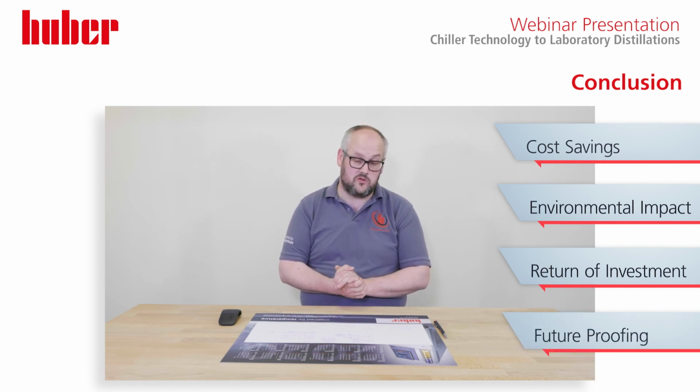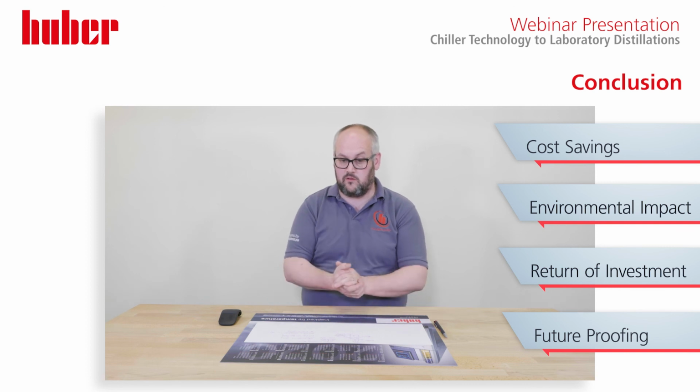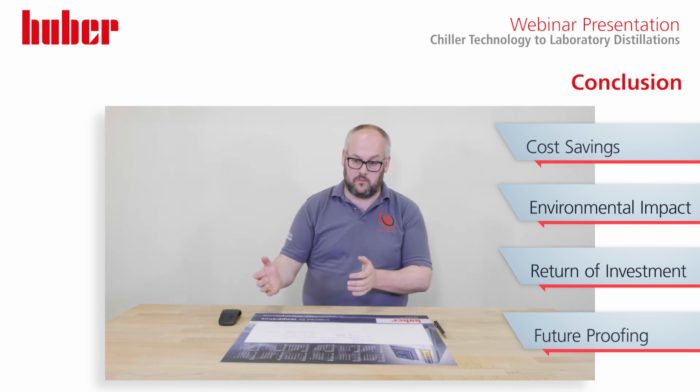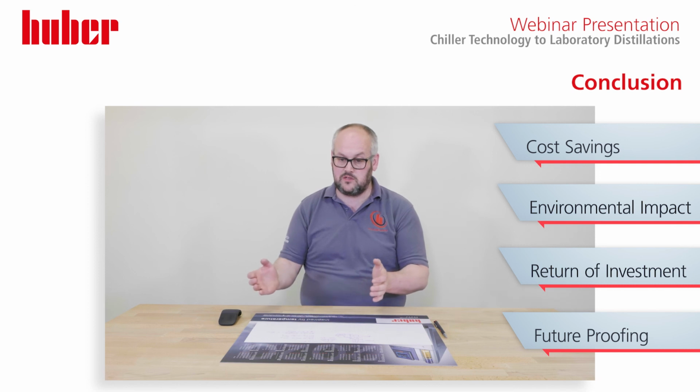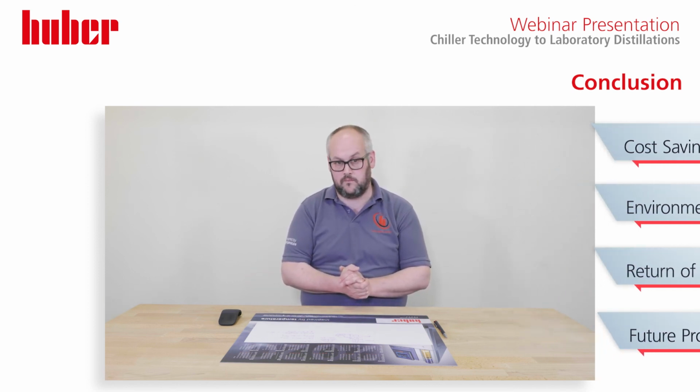And further to that, we've got future proofing. If your laboratory changes what it's working on, we'd hope that our mini chillers have enough of an operational range to cover that span of work. When it comes to cooling applications, Huber have been working on laboratory distillation since 1980 with the Huber Rotostat.